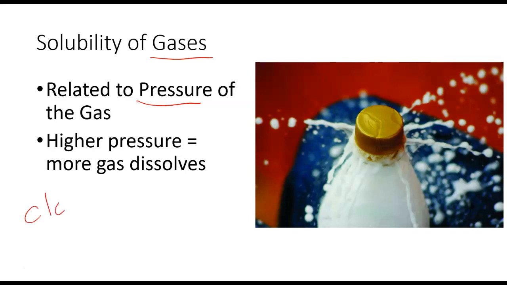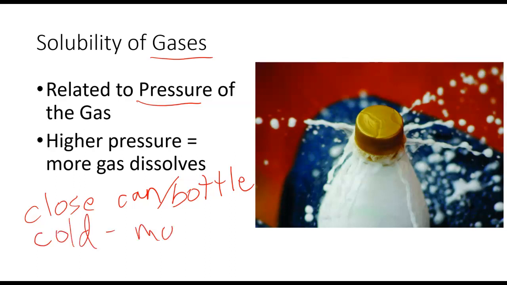If you close the can or bottle, you can keep the gas at a higher pressure. More carbon dioxide will dissolve into the solution, making a fizzier beverage. If you also keep it cold, then more gas can dissolve. Combine those together and you get a very fizzy beverage.